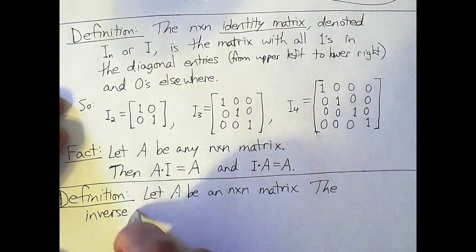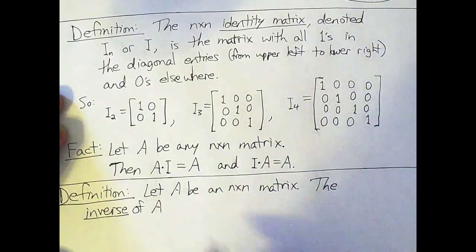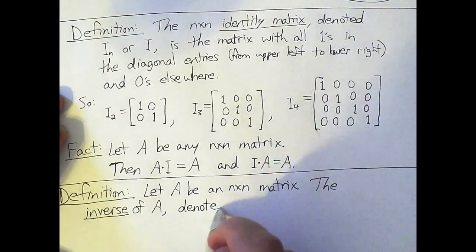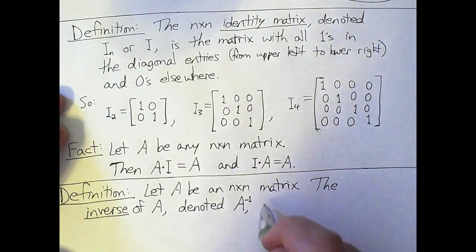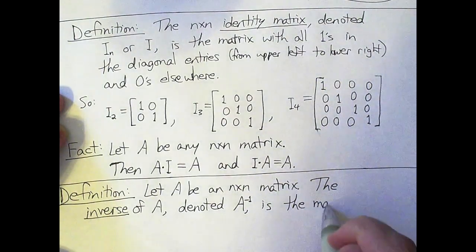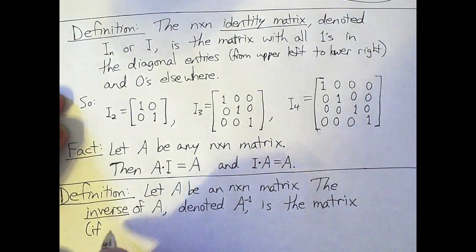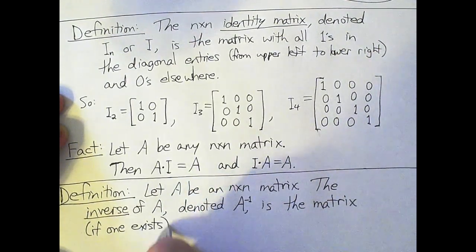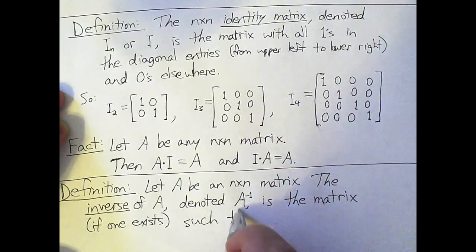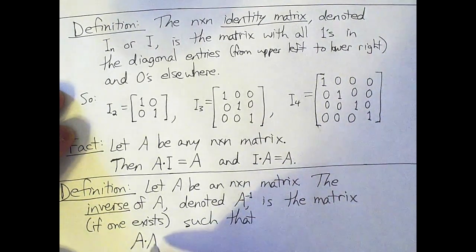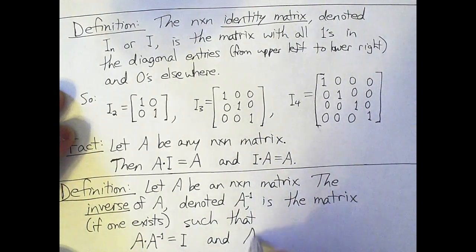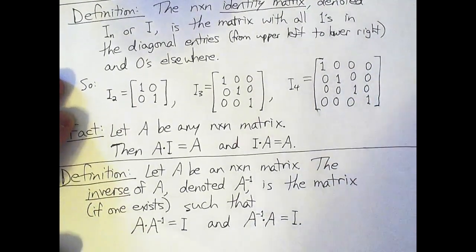The inverse of A, denoted A with a little -1 up there, is the matrix, if one exists, such that A times the inverse of A equals I, and A inverse times A equals I. So that's the definition of the inverse of A.